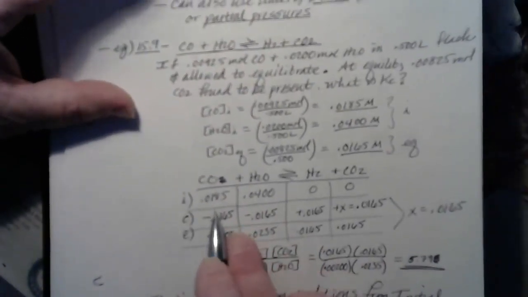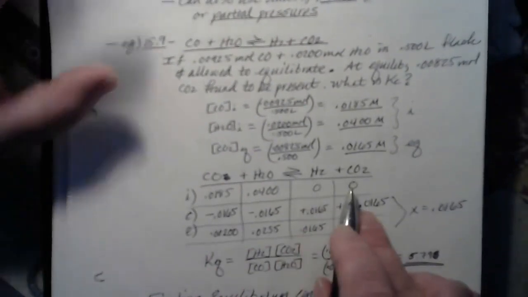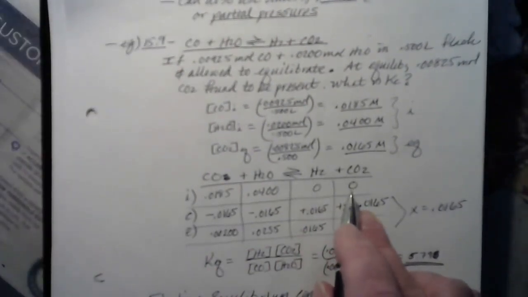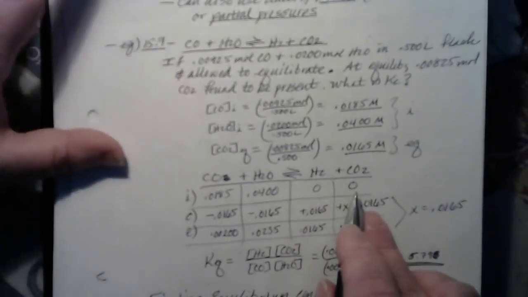So we set up the table, and we set it up same as we did before for the previous example. So the initial concentrations for carbon monoxide and H2O would be 0.0185 and 0.0400 respectively. And the concentrations of the products, again, since they didn't mention anything about products at the beginning of this process, we can assume that there were no products there at all to begin with.